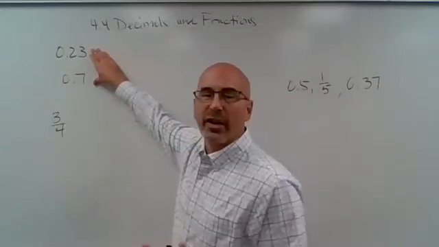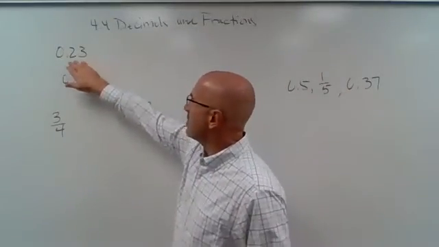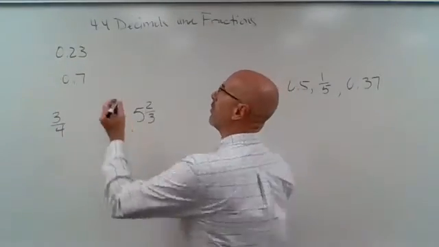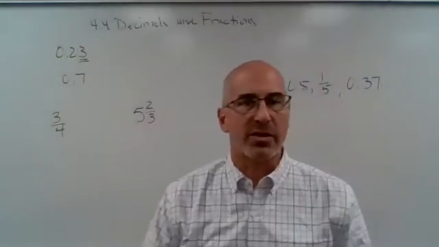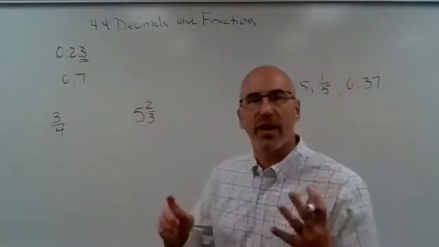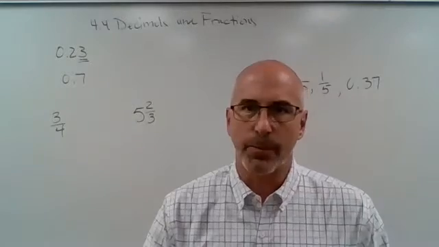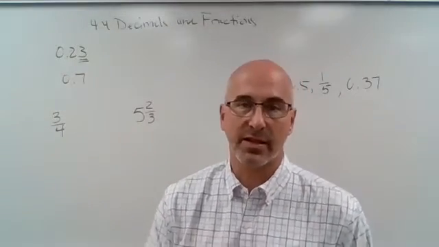What we're going to do, we're going to look at these two fractions just for example. 0.23, which is 23 hundredths. What we do is we locate the number that is furthest to the right in the decimal, and then we label that particular place value. So in this case, the 3 is in the hundredths place.